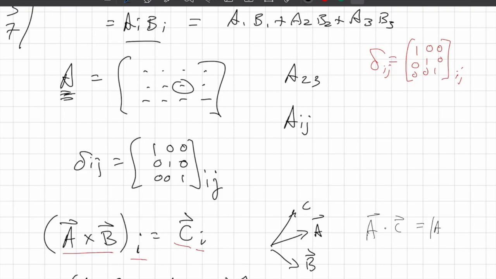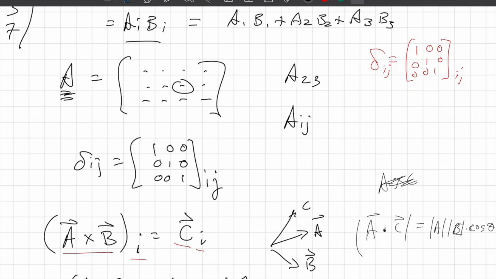You might remember that the magnitude of the cross product is the magnitude of A, the magnitude of B times what? Sine or cosine? Right. If I said A cross C, that would be a sine. But I'm asking about A dot C. So that's cosine of theta.